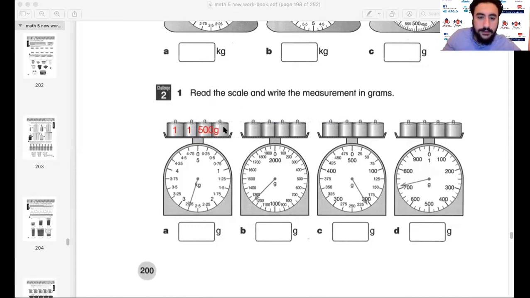So you can write 500 gram, and here we're going to write what? 500 gram. So here it's going to be 250 gram. Okay, because it's going to be 2,500 and 250, 750. So it's going to be 2,750 grams.